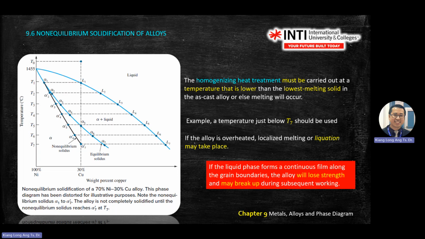Then maybe after that you either heat it up or heat it down, so that you always start from 30% if you want to control at 30%. So when you heat up to T7, even with rapid cooling, you start with 30%. If you increase the temperature from T7 to T5, you still reach 30%.